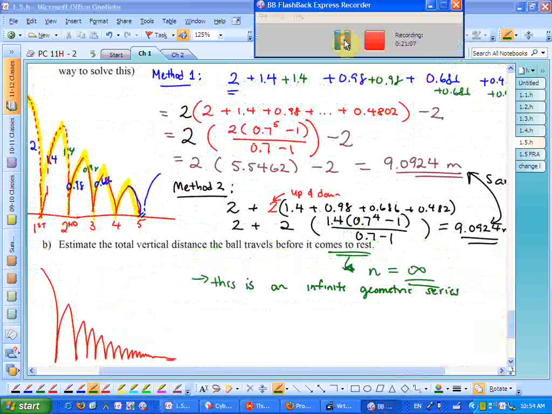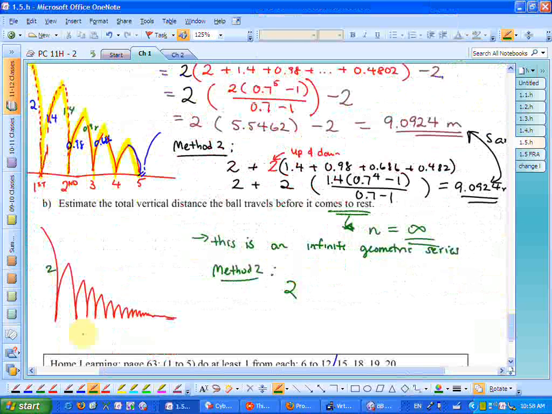Okay, so I will use method 2 to help you solve this one. Method 2 once again says the following. We're going to start with that first bounce, which is 2. And then every other bounce after that has the up and down feature. Right? So I'm going to write down the first few terms, and I'm going to say dot, dot, dot forever. And because there's up and down, I'm going to put a 2 in front of that.